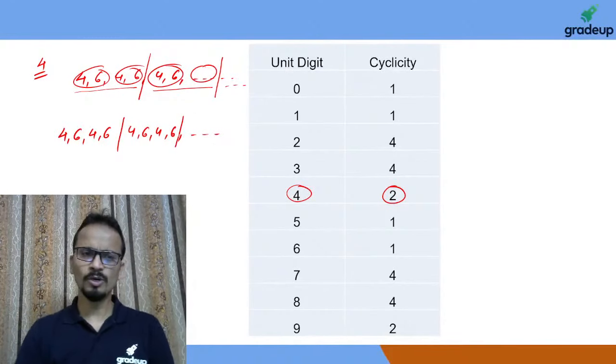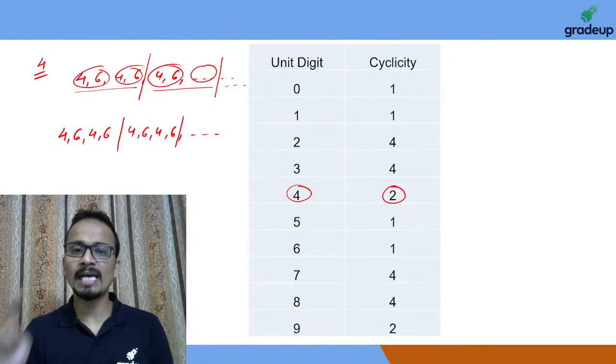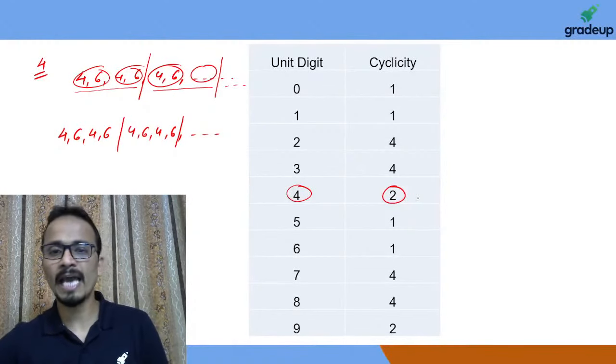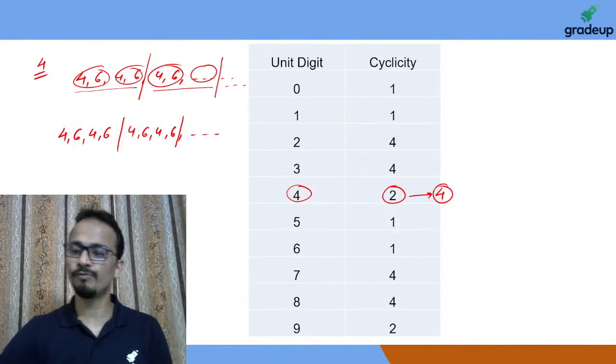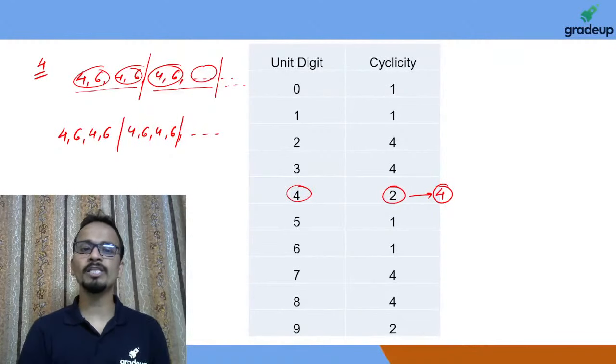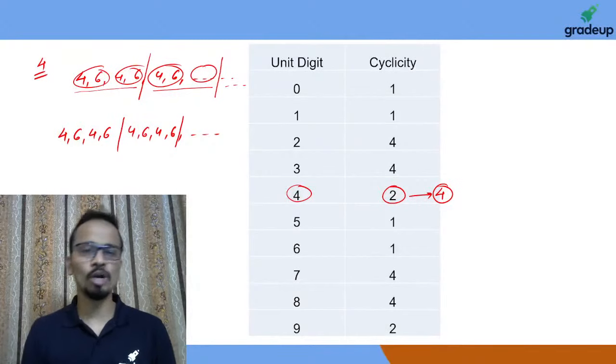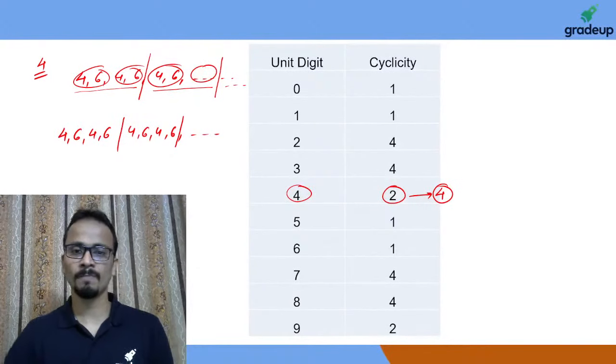So instead of considering the cyclicity of 4 as 2, I can also consider the cyclicity of 4 as 4, just to reduce some burden. Obviously the cyclicity of the unit digit for 4 is 2, but I can also consider it as 4.